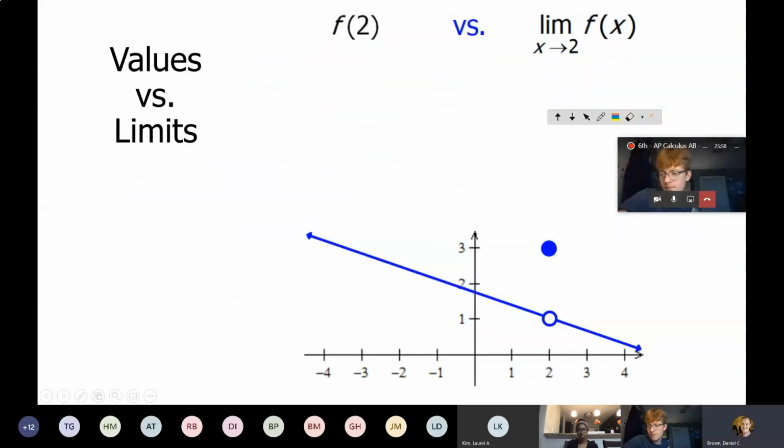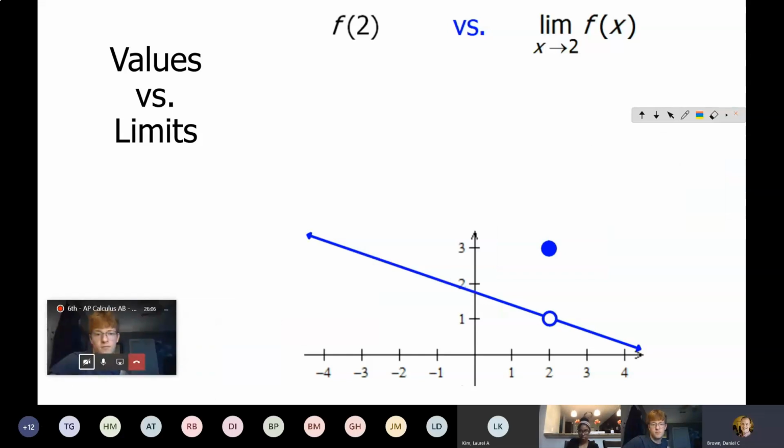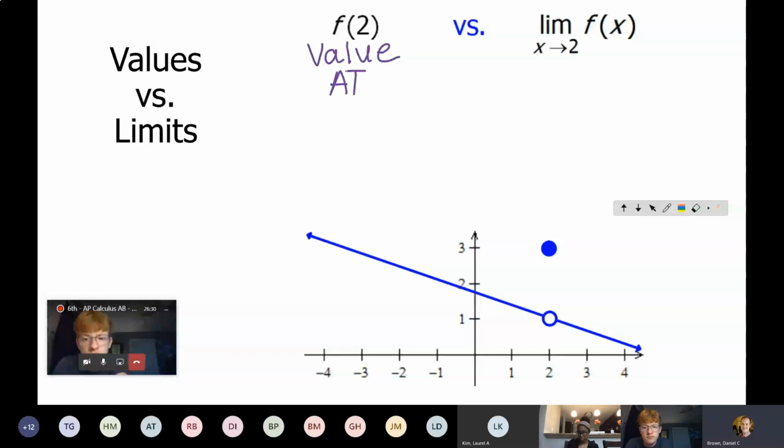And then the last concept I want to talk about is the difference between values and the limit. So I added this after teaching calculus a few years. I did realize I need to make this distinction. Up until this point, when you're talking about functions, you often talked about the value of the function. So when I say f of 2, that's an example where you're asking about the actual value of the function, like where the function is at that location.